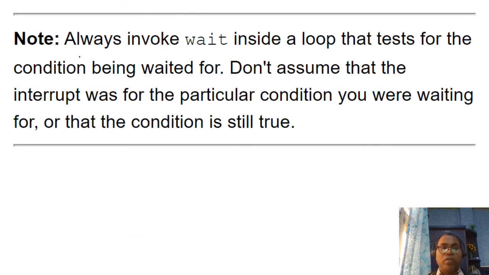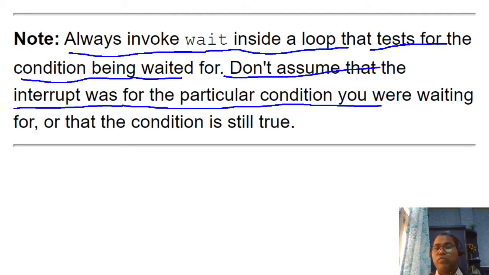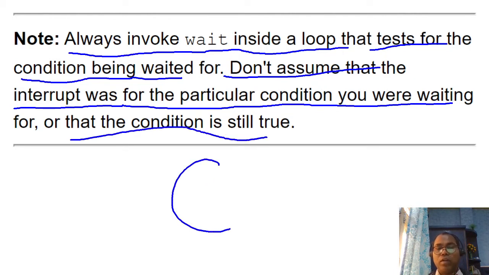So always invoke wait inside a loop that tests the condition being waited for. Don't assume that the interrupt was for the particular condition you are waiting for, so check that the condition is still true. Until your condition is true, you are going to wait. Whenever the condition is false, you will come out.